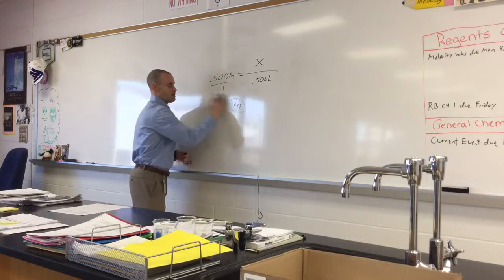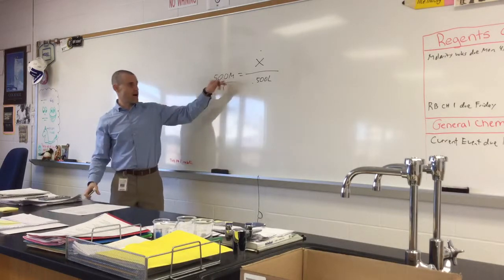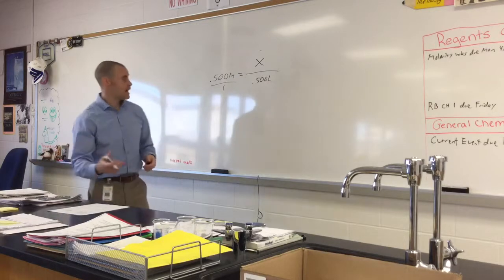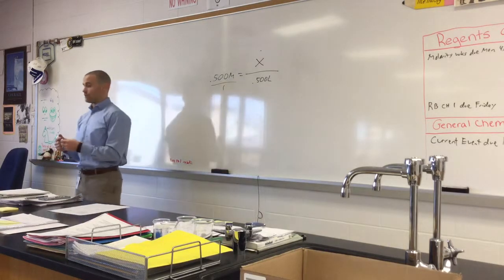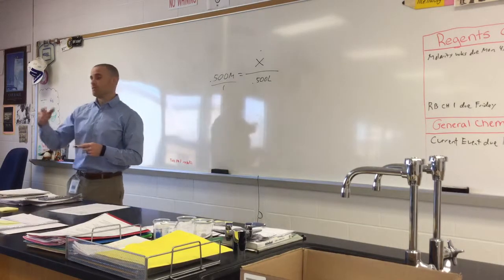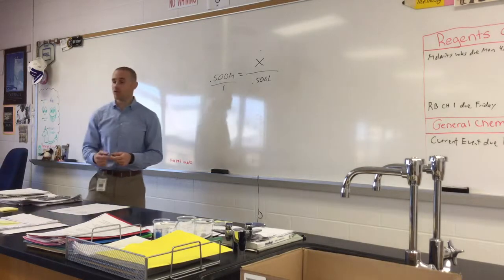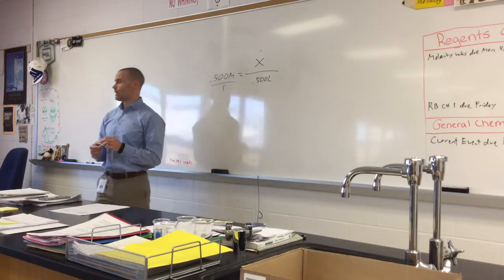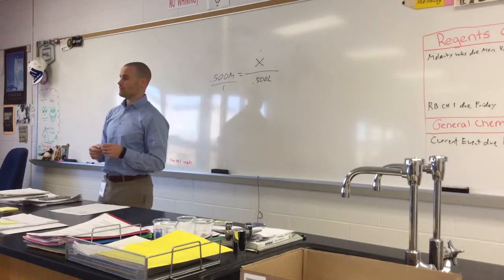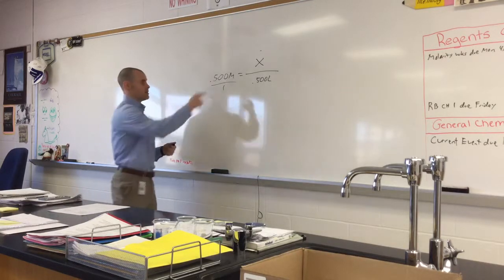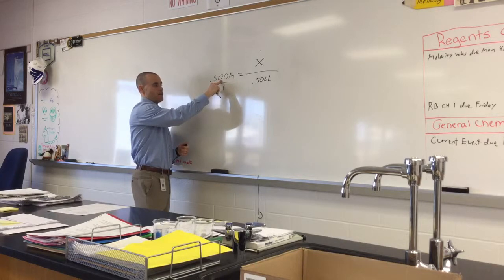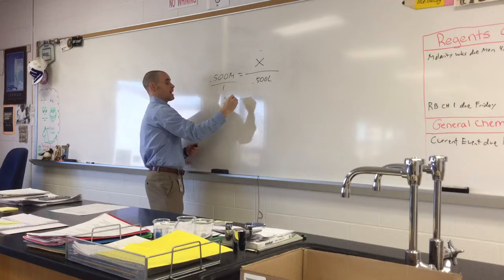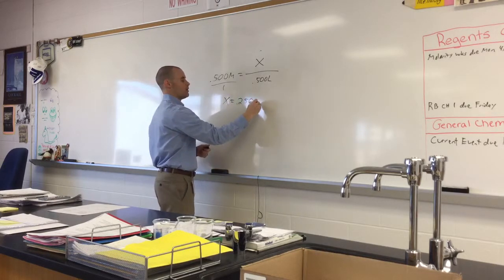I don't know if that helps, but 0.500 times 0.500 is 0.25. Now, how many sig figs? So the answer is 0.25, but is it 0.250 or is it just 0.25? Who remembers the rule? When you're multiplying and dividing, what do you round your answer to for proper sig figs? The lowest number, right? How many sig figs here? 3. How many here? 3. They both have 3. So x equals 0.250 moles.